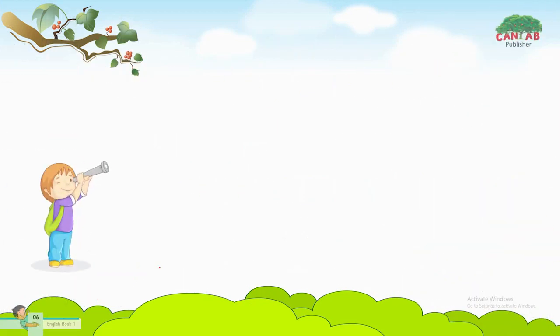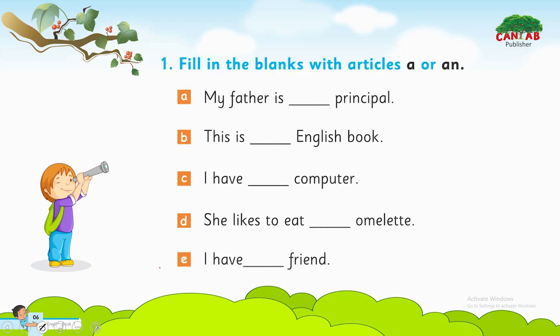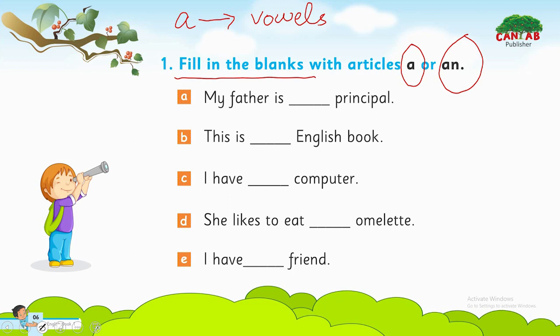So students, we are going towards our next slide, and this is the task that we will do now. You should have your books in your hand. You have to fill in the blanks with the articles a and an. As we have practiced in the previous slides, a is used where? Before vowels? No. There is something that you people are missing.